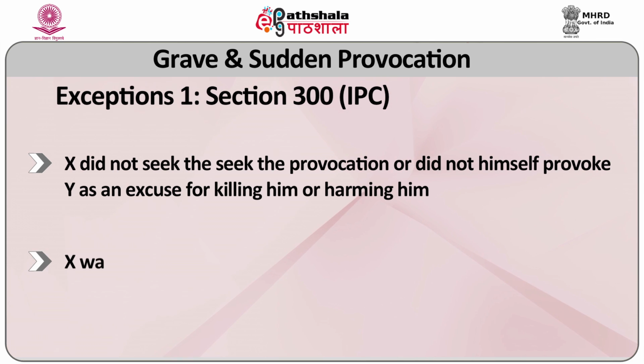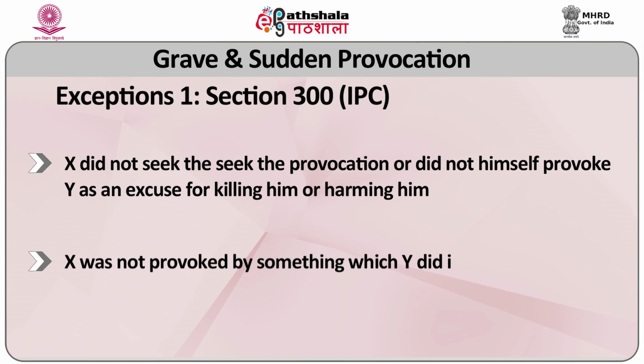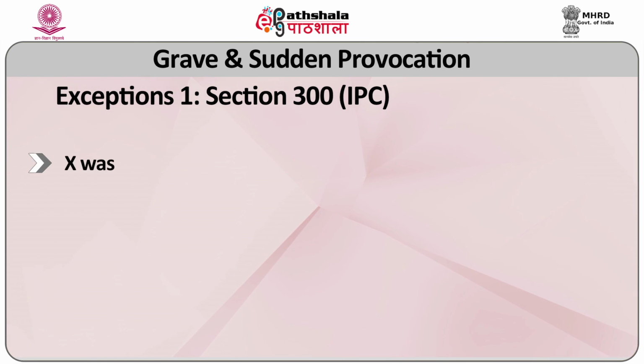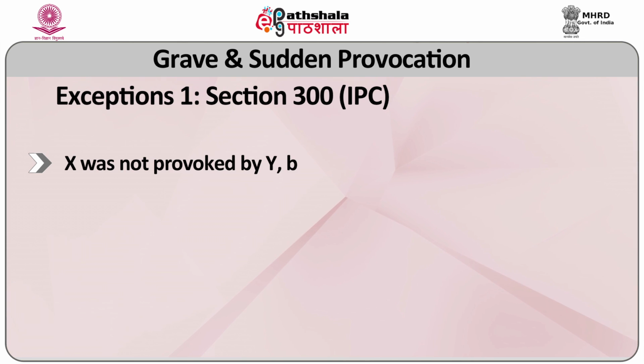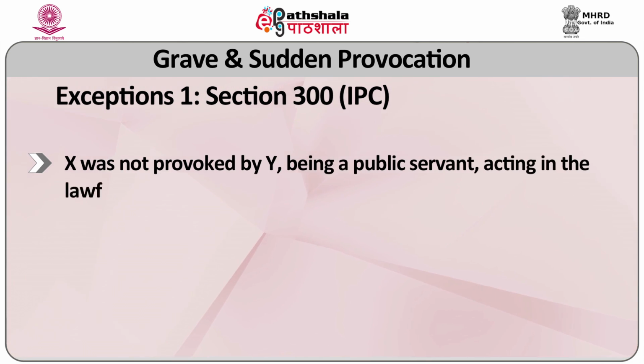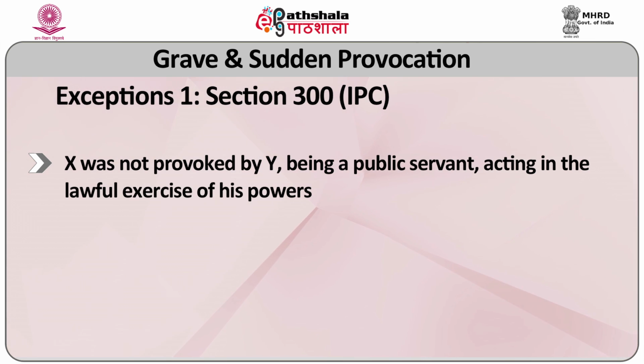him. X was not provoked by something which Y did in obedience to the law, and X was not provoked by Y being a public servant acting in the lawful exercise of his powers.